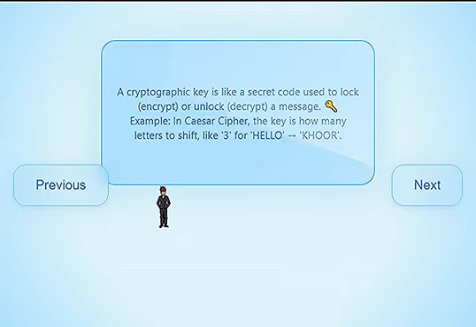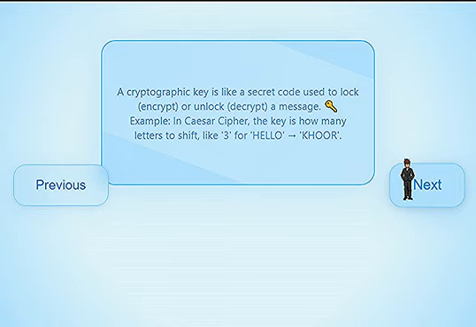A cryptographic key is like a secret code used to lock or unlock a message. For example, in the Caesar cipher, the key is how many letters to shift. So, if you wanted to encrypt the message hello using a Caesar shift of 3, you would shift each letter 3 places to the right and get khoor. The key in this case is the number 3, because that's how many letters you shifted the message.